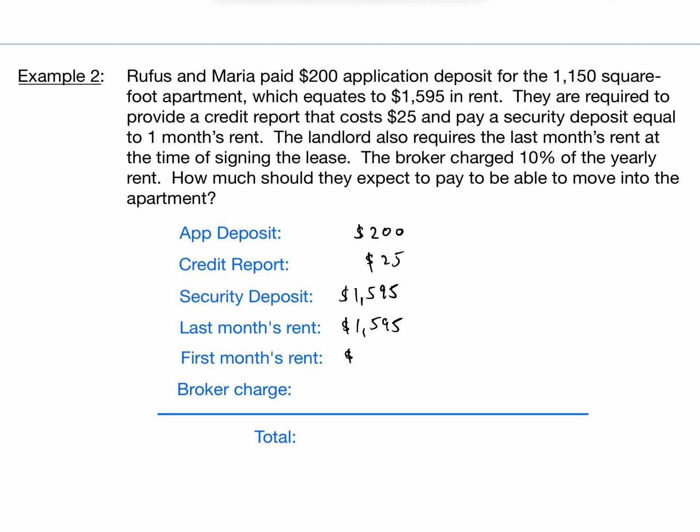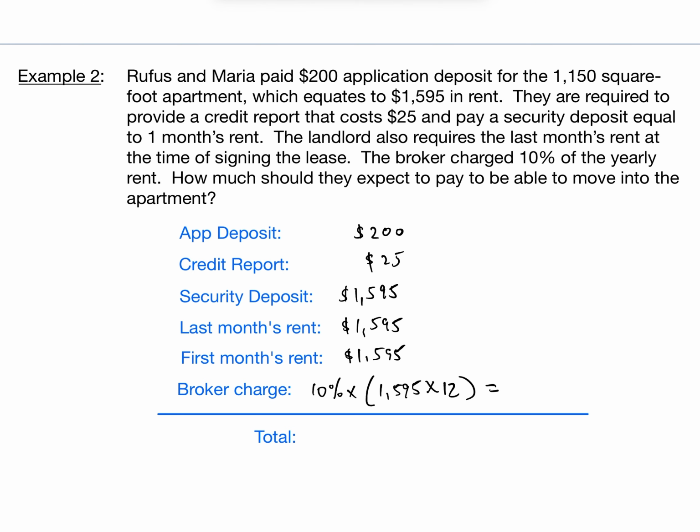And of course, when you move in, you have to pay for the first month's rent up front, so that's another $1,595. And then the broker charges 10%, so that's going to be 10% times the yearly rent, so $1,595 times 12 months, okay?